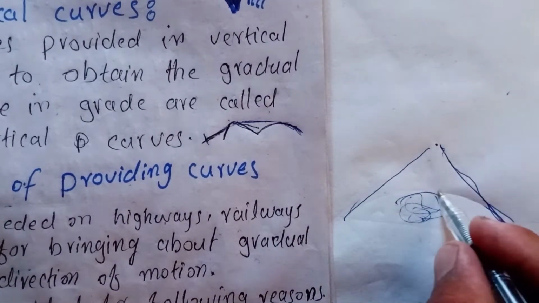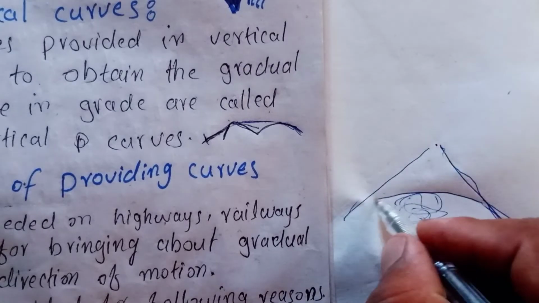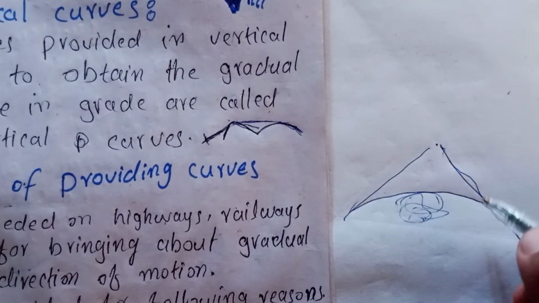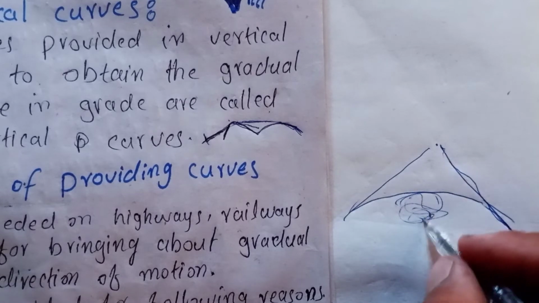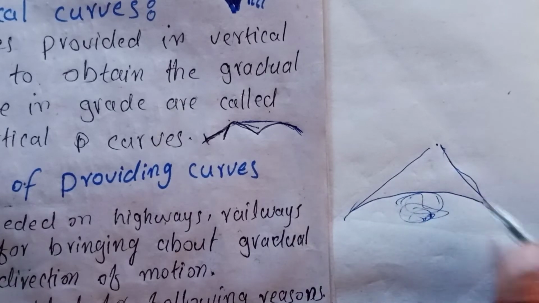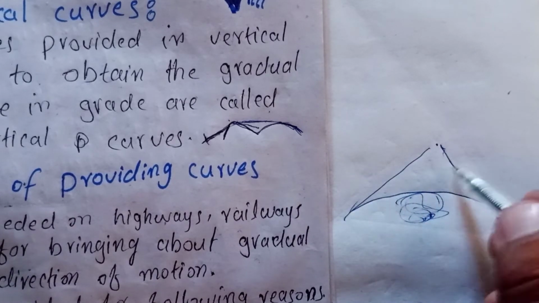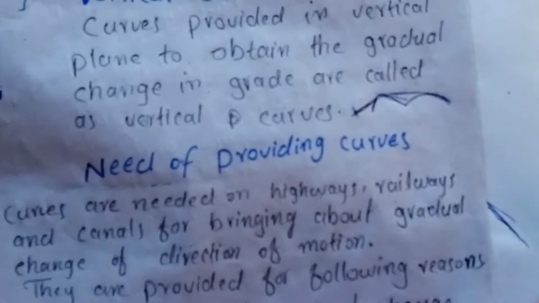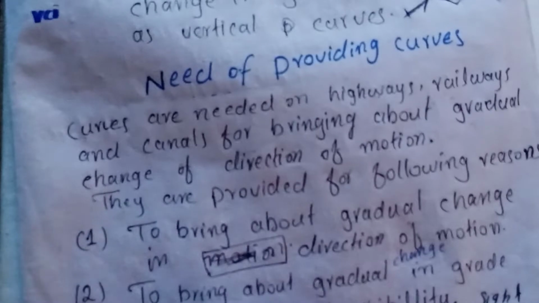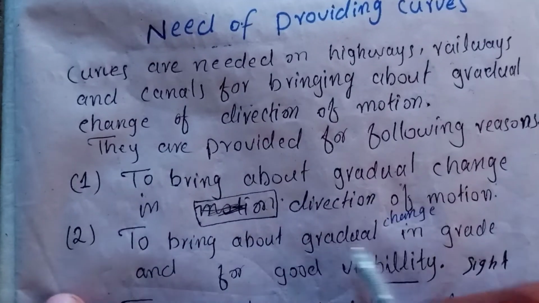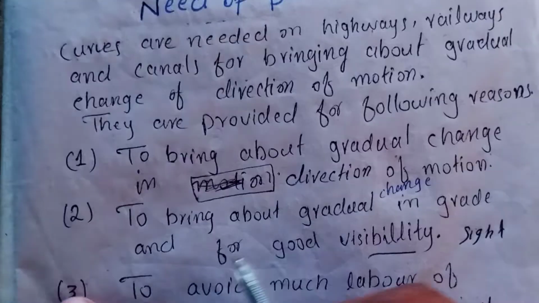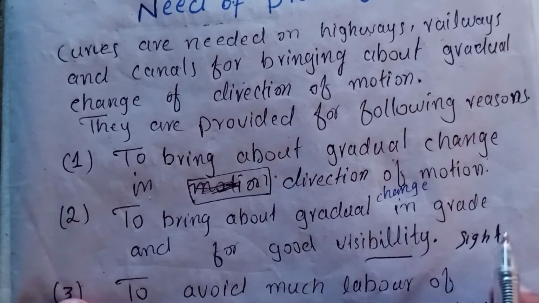The direction has been changed gradually, which is possible. There is an obstacle and we leave this straight line, so we can say that this is a change of direction. Number two, to bring about gradual change in grade and for good visibility.